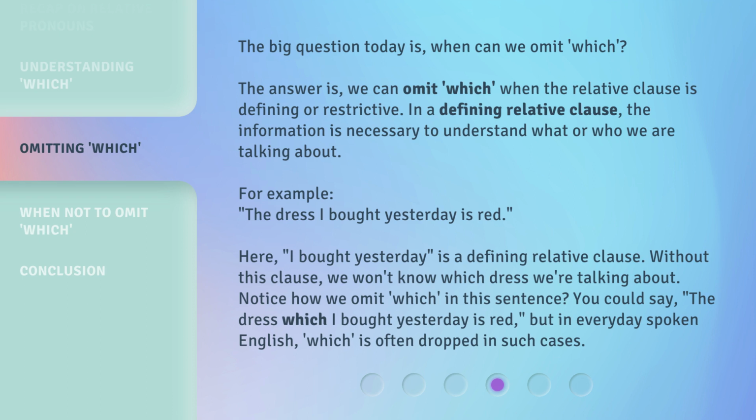Here, I bought yesterday is a defining relative clause. Without this clause, we won't know which dress we're talking about. Notice how we omit which in this sentence. You could say, the dress which I bought yesterday is red, but in everyday spoken English, which is often dropped in such cases.